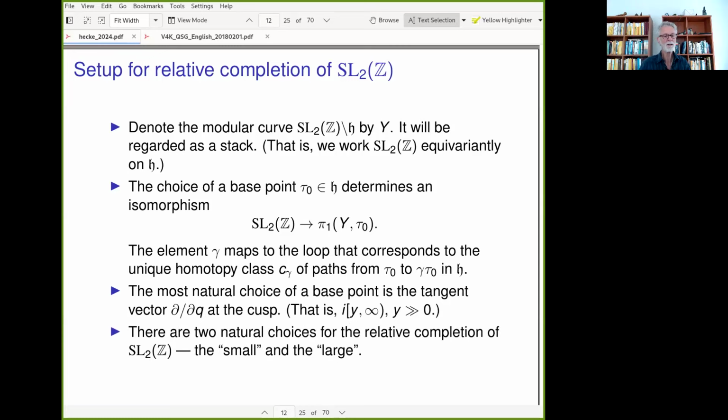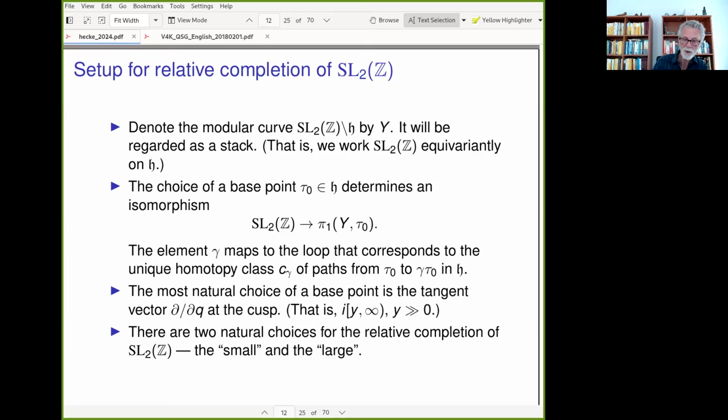Anyway, from the point of view of this talk, there are two natural choices of relative completion of SL2Z. I'll call one the small, and I'll call the other the large. The small is the subject of various papers that I've written, and also Francis Brown's paper on multiple modular values.